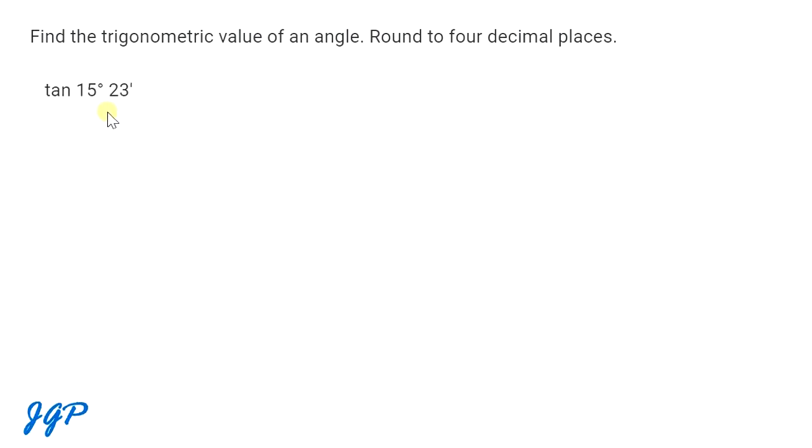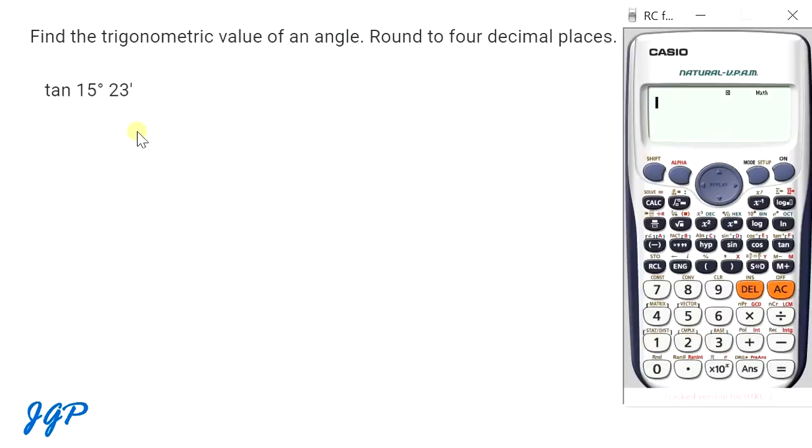Let's have tangent 15 degrees, 23 minutes. Okay, let's have our calculator. Again, look at the given. Since we are given a degree measure, so ibig sabihin dapat your calculator is in degree mode. Since our calculator is in degree mode, so pwede na tayong gumamit ng ating calculator. So press tan, the tangent button, and then 15 degrees. Ito ang degrees natin. 23 minutes.